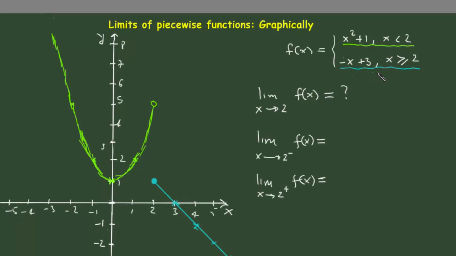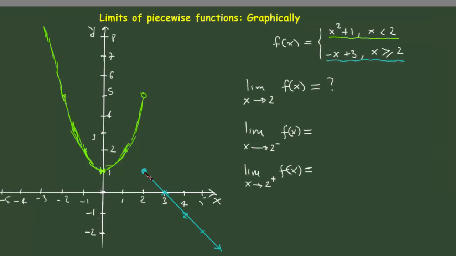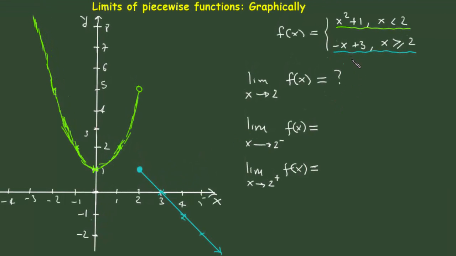And for the second one, our interval is from 2 included to plus infinity. So 2 is going to be included, and that's why we're having a closed point here. If you consider x equals 2, what is going to be its output on the y-axis? We give it 2 here: minus 2 plus 3.